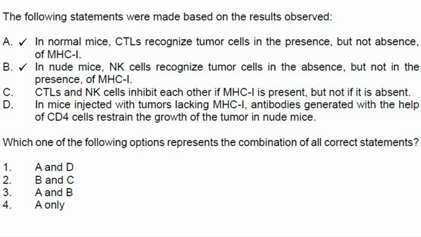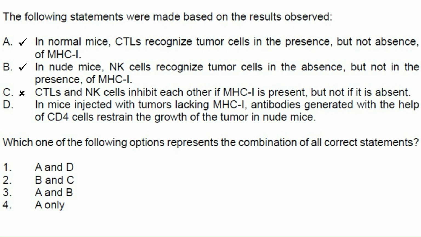Now, statement C. Cytotoxic T lymphocytes and natural killer cells inhibit each other if MHC1 is present, but not if it is absent. Now, there is no proof of such competing activities. So, this statement is false.